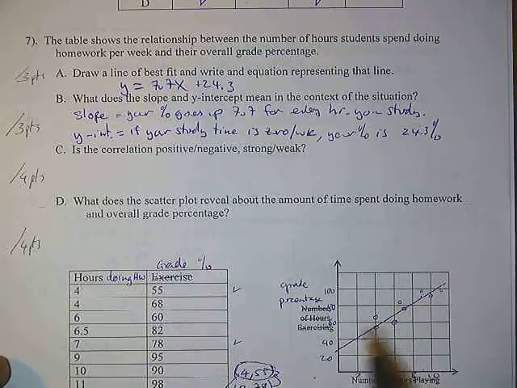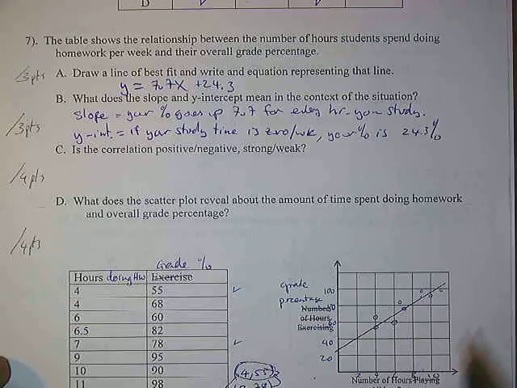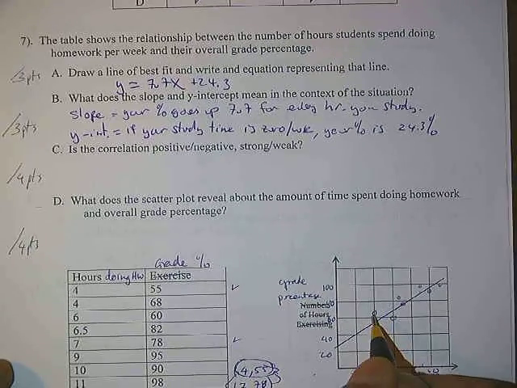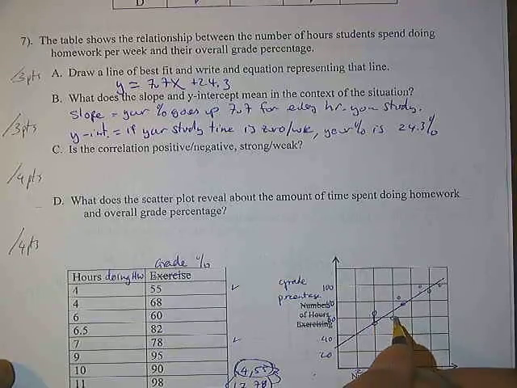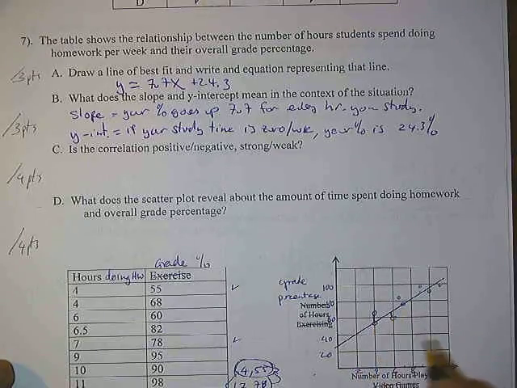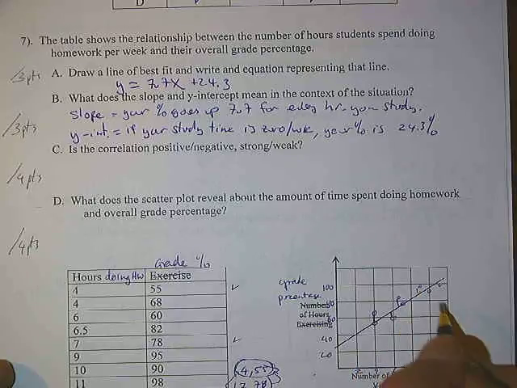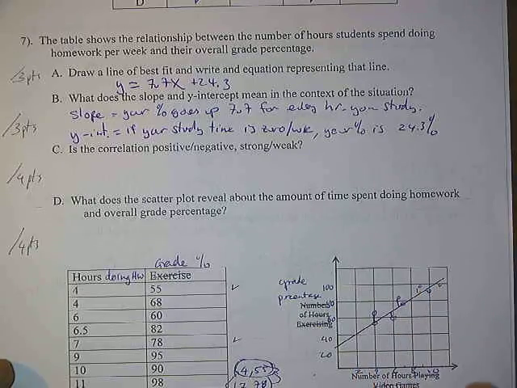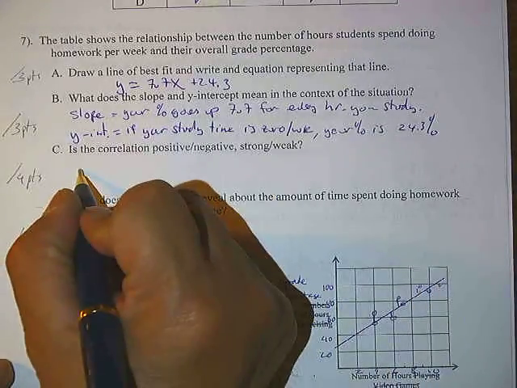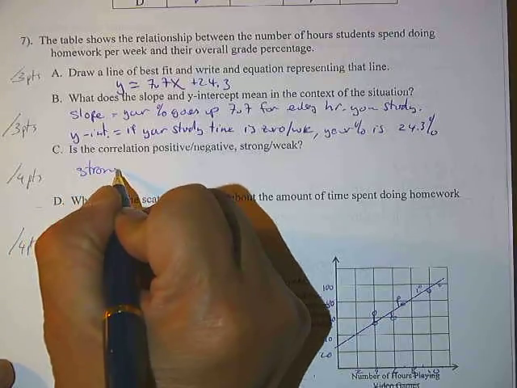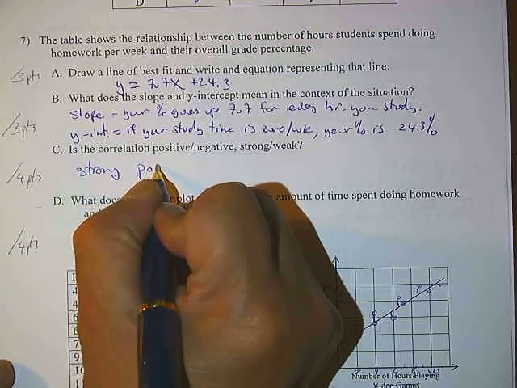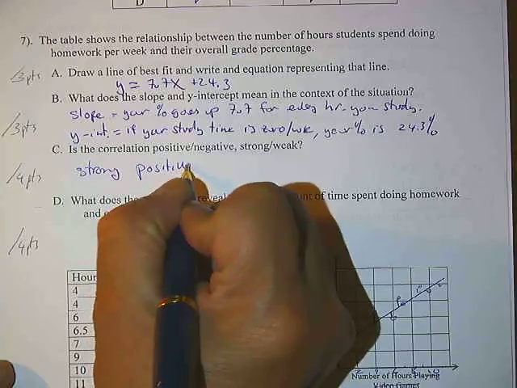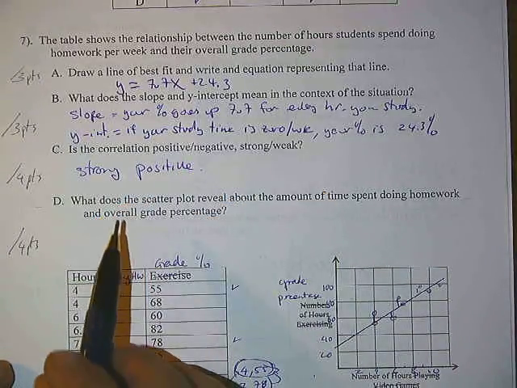So your study time is 0 per week, your percentage is 24.3%. How cool is that? You don't have to study, you still get 24.3. Not a passing grade, but anyway.